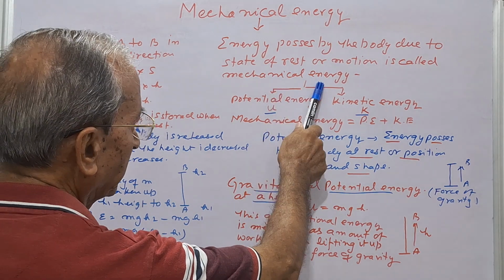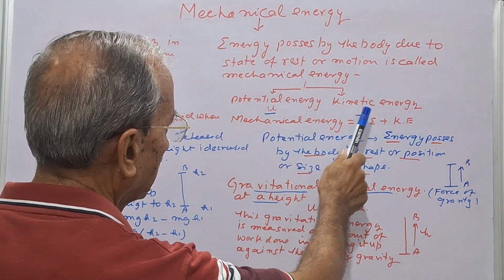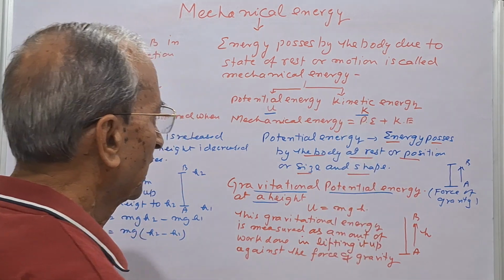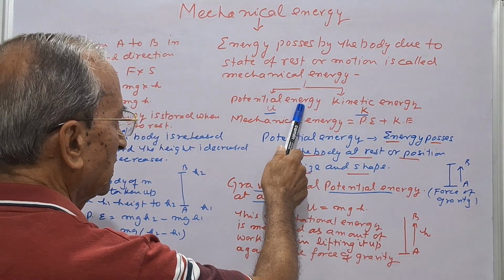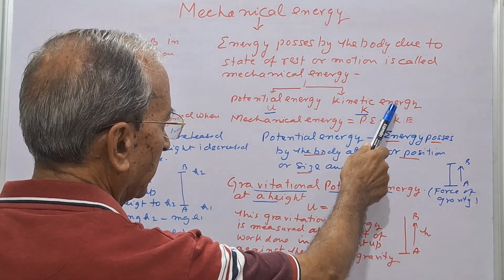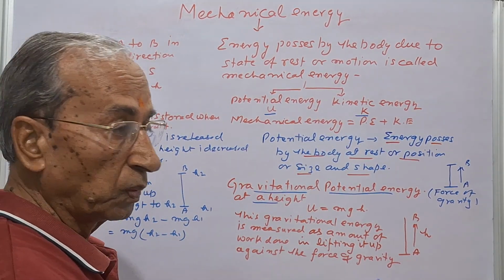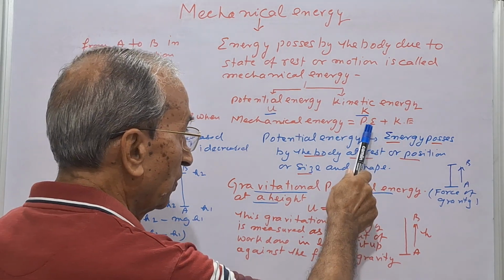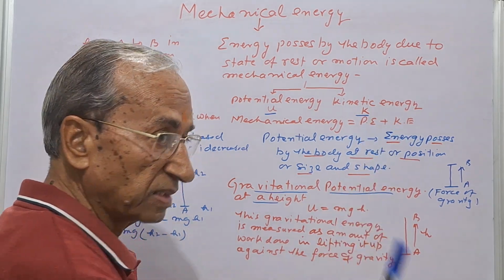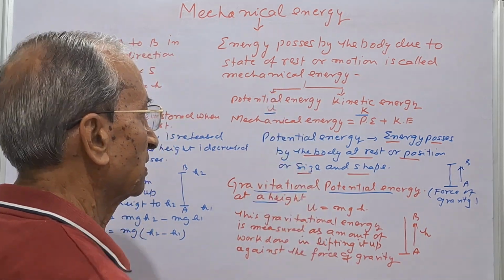So we say mechanical energy is of two types, potential energy and kinetic energy. Potential energy is represented by U and kinetic energy is represented by K. The sum of the two, potential energy and kinetic energy, is known as the mechanical energy.